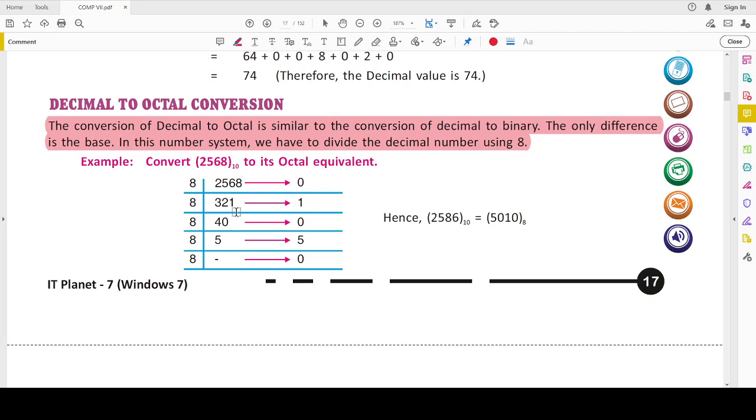Okay, you don't get any remainder right over here. After dividing 2568 by 8, you get a quotient 321 and you get a remainder 0. So this remainder will be over here. Okay, this remainder over here, then 1 will be over here.